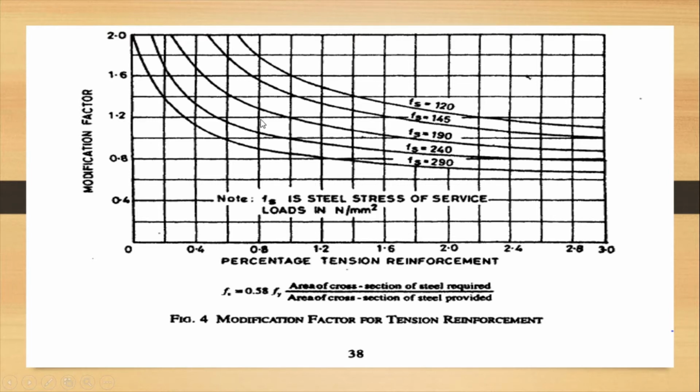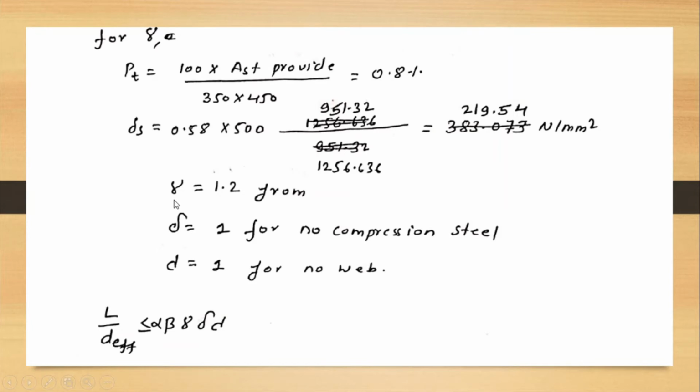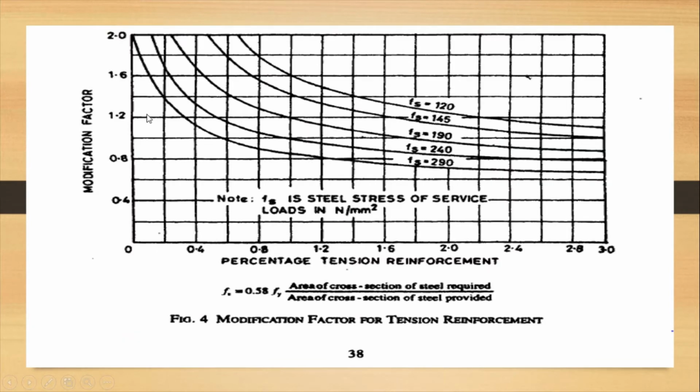Now when I draw the horizontal line from the intersection point, I get 1.2 as the modification factor, which is the value of gamma. You guys can see gamma is equal to 1.2, which I have taken from here.